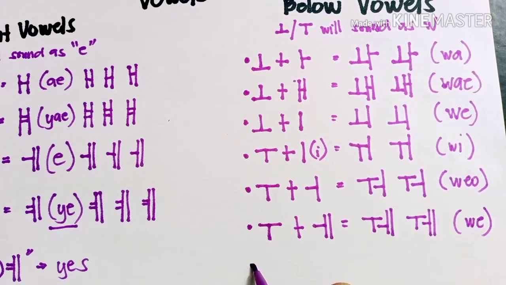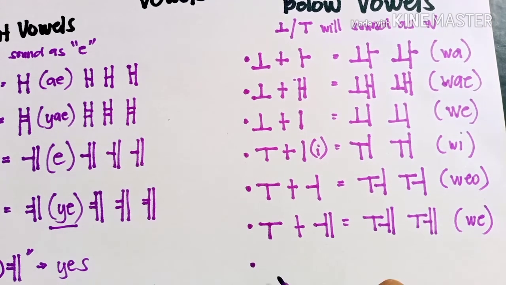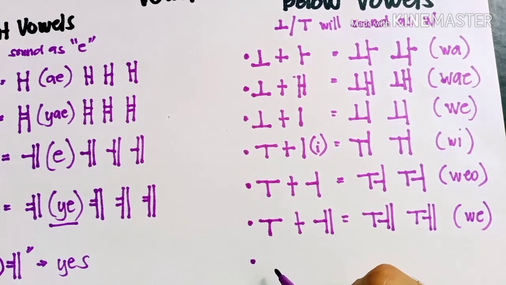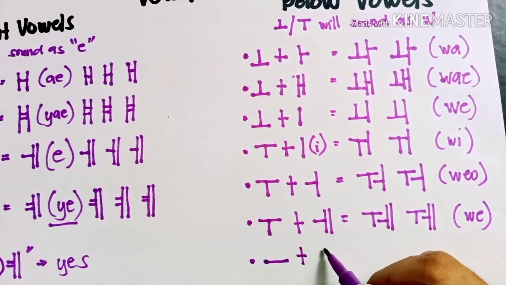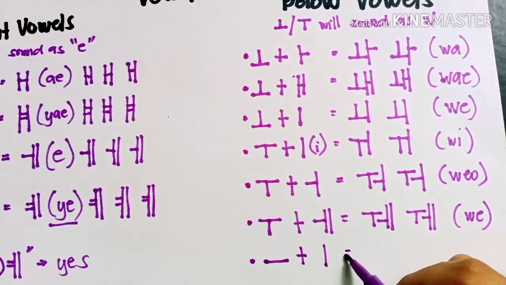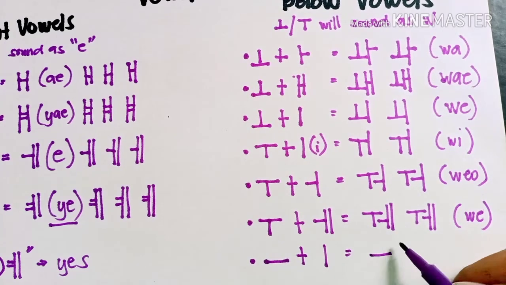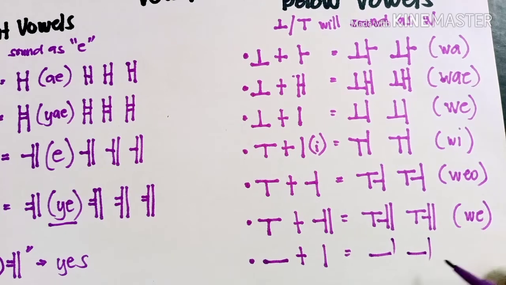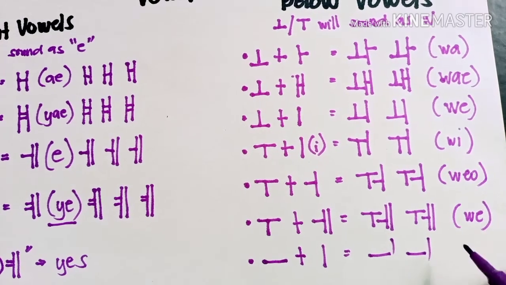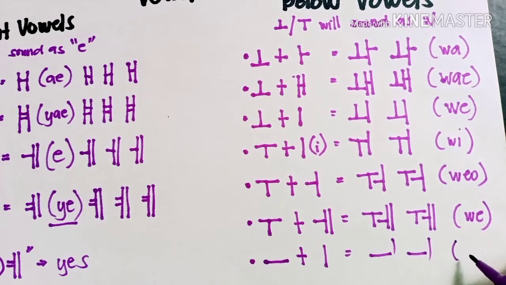And last is the combination of the vowel U and the vowel E. So it looks like this. It will be pronounced as uy.